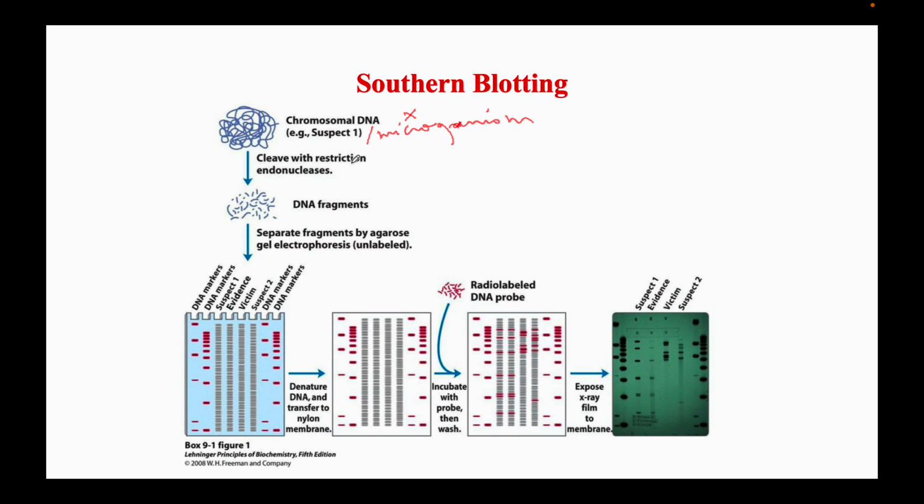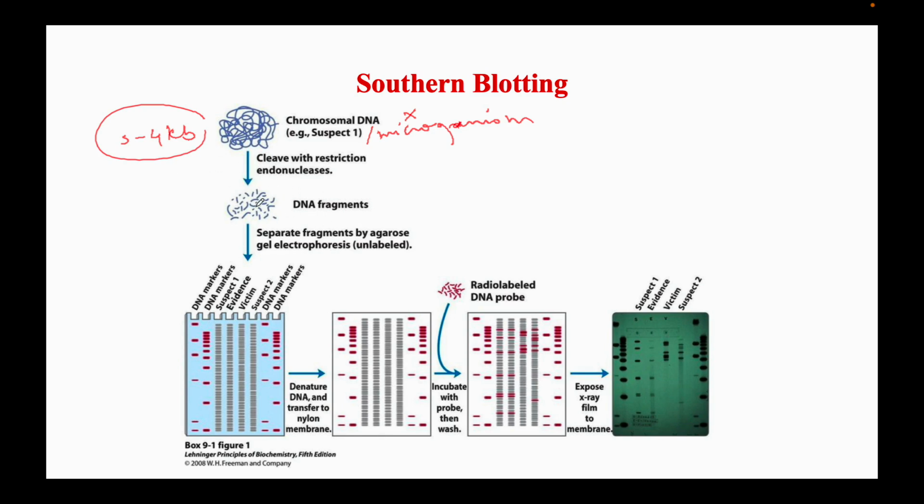So what we'll do is a restriction digestion. We divide this huge DNA, because the size is very huge, and any bacterial DNA we cannot run in the gel. This is very huge, thick chromosomal DNA. So we'll cleave it with restriction digestion.